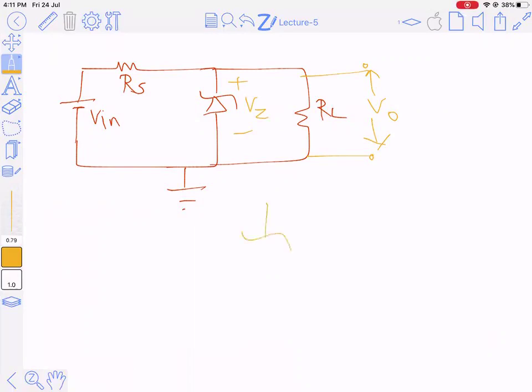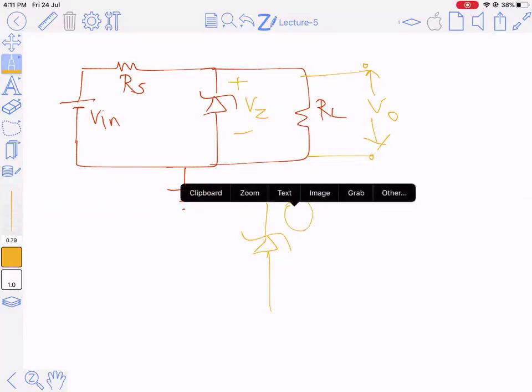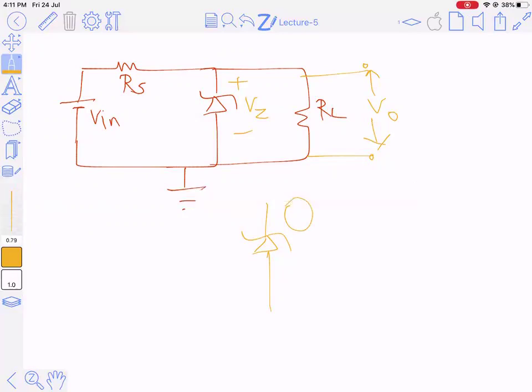It is VZ. Which is anode, which is cathode? This part is the P side, anode, and this is the N side, cathode.